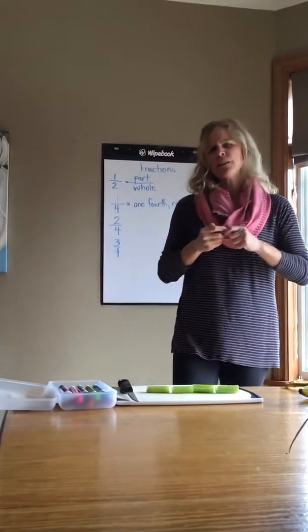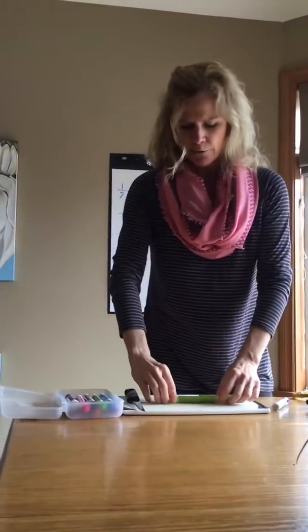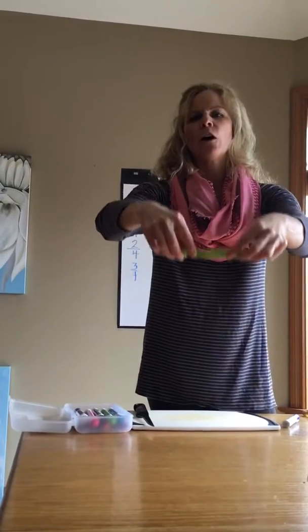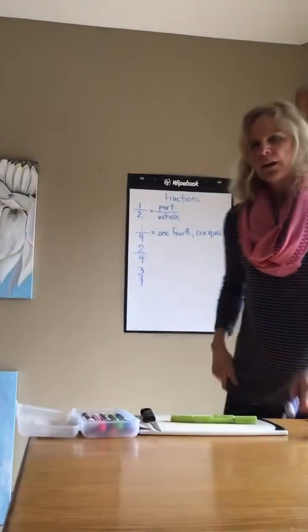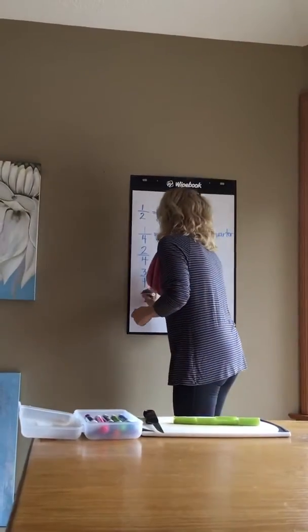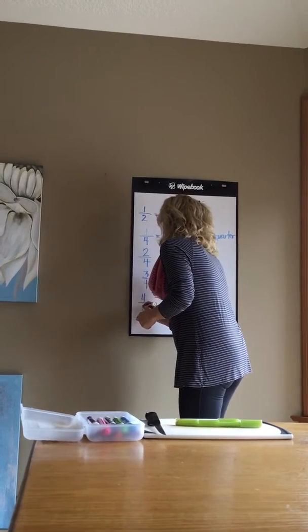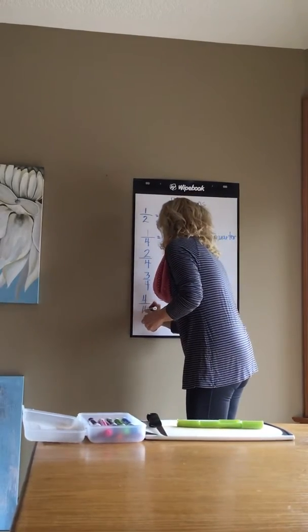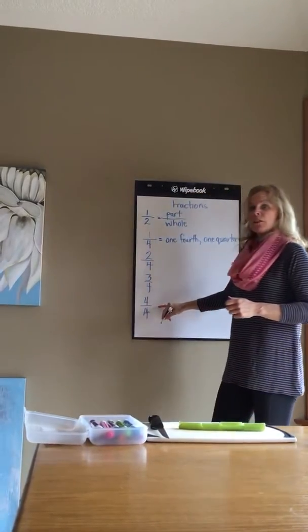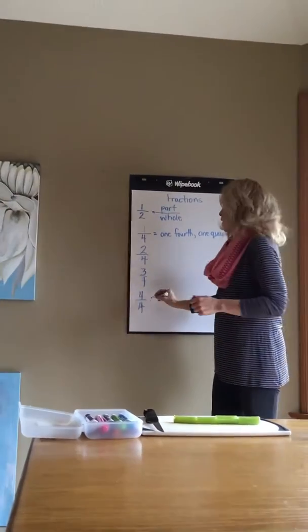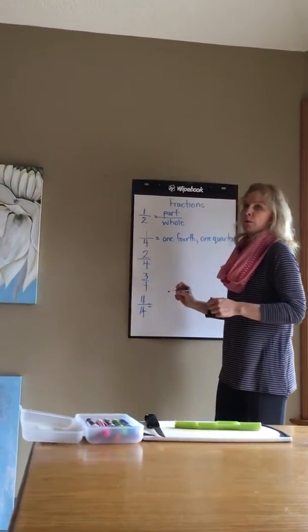And then often the tricky one that people get confused with is when you're offered all 4 pieces. So that's 4 out of 4. And if you were thinking of a test, that would mean that you got perfect, because you got all of them right.